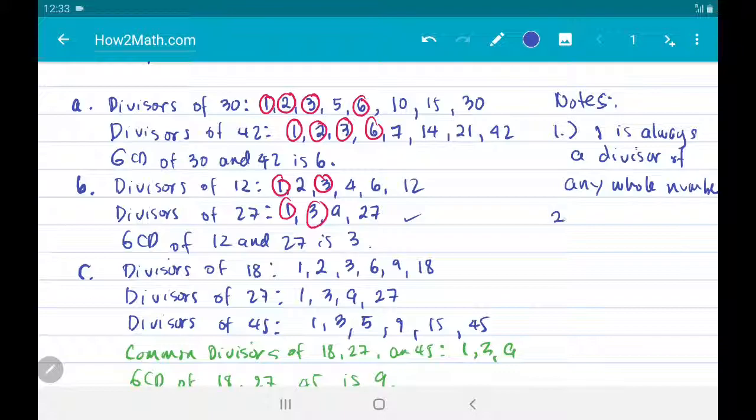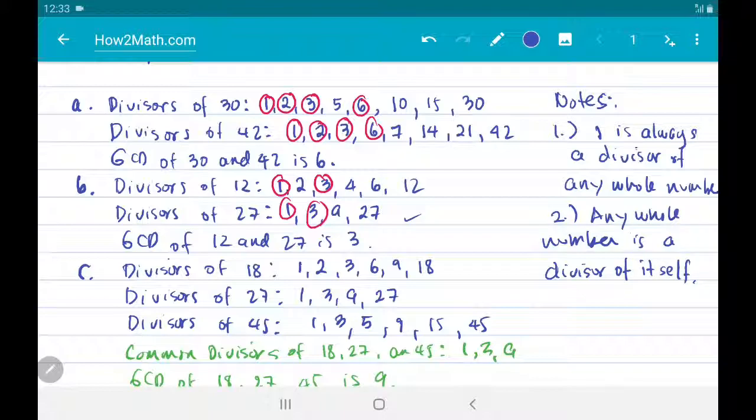And number 2, because we're talking about whole numbers here. Any whole number is a divisor of itself.